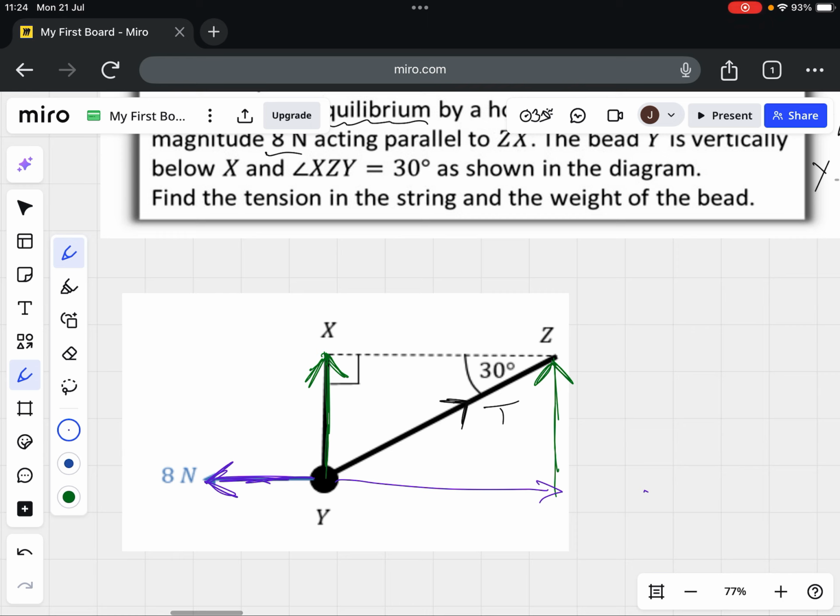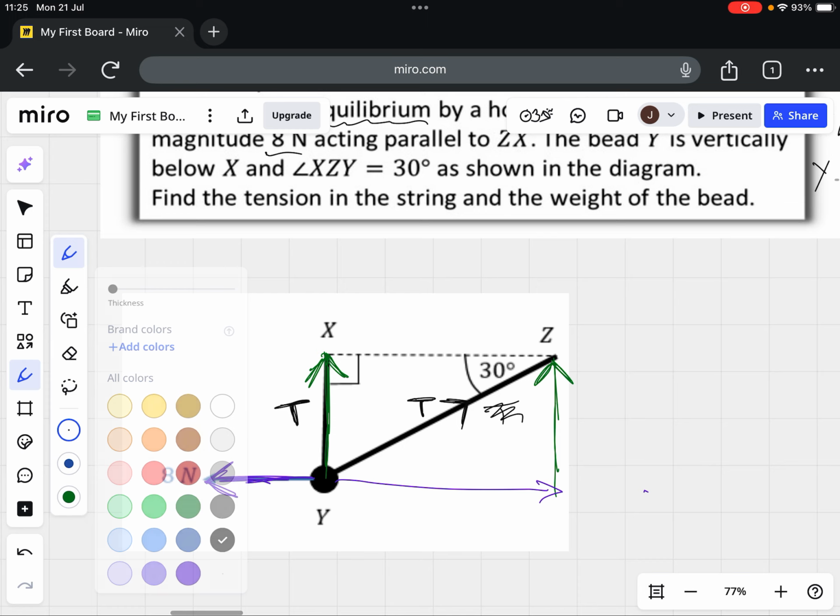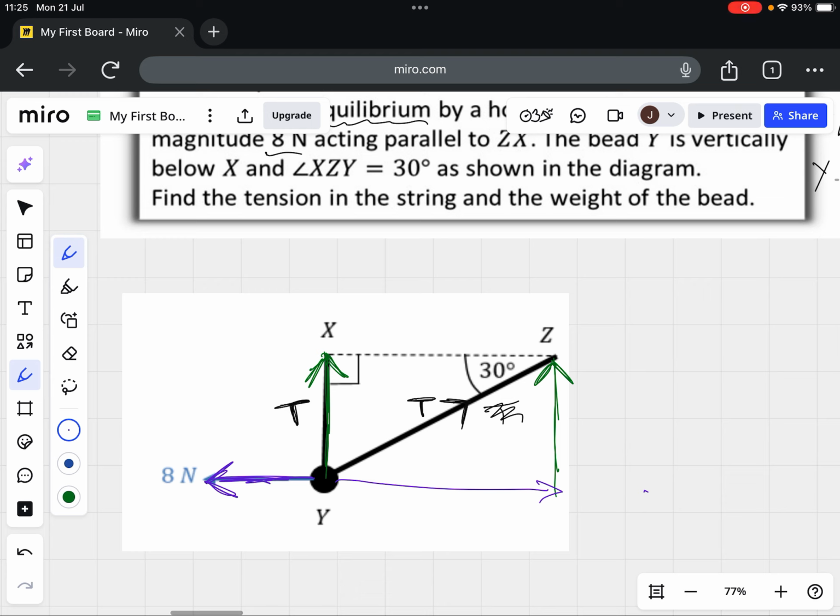Let's put some forces on it. So this is T, and this diagonal is also T. They're the same T because it is a bead, is the idea. Okay, so anything else I can do? Yeah, because it's a Z angle, that's also 30.